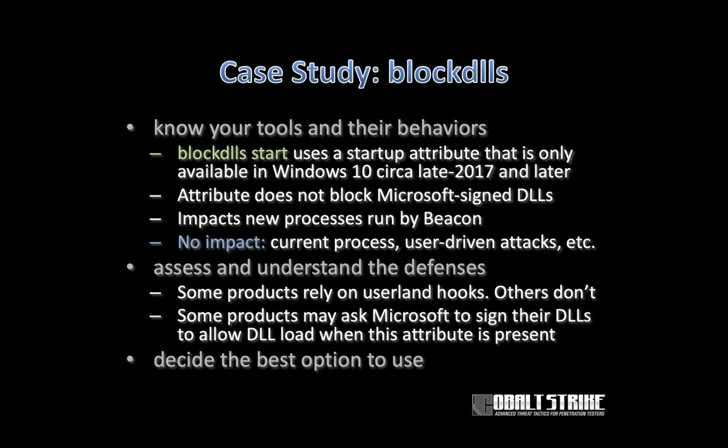There is a service where vendors can submit a DLL to be signed by Microsoft, particularly for hardware drivers. Block DLL start only impacts new processes run by that beacon session. It does not impact the current process. It does not impact executables generated by Cobalt Strike, HTA files, or anything else.